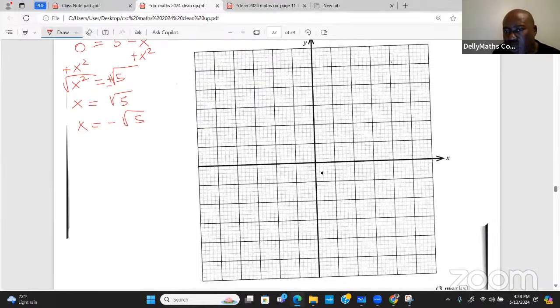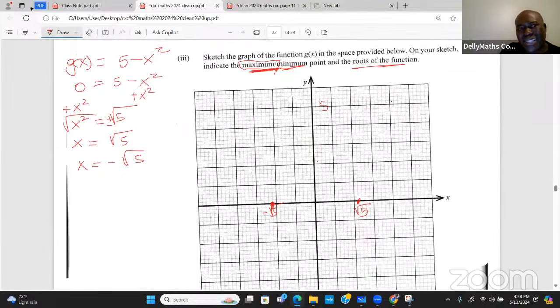So I'm going to just put up my roots of 5 wherever I want to put them. So I could put them right here if I want. So if I say this is where my root 5 is, my negative root 5 is somewhere here, like there. It's up to you. Another thing though, if I'm counting 1, 2, 3, 4, 5, remember the constant here is a 5.